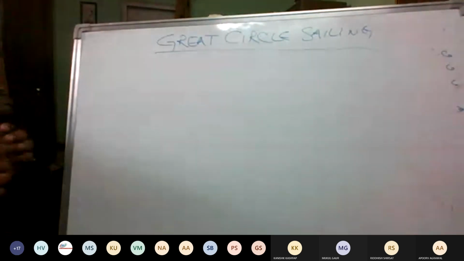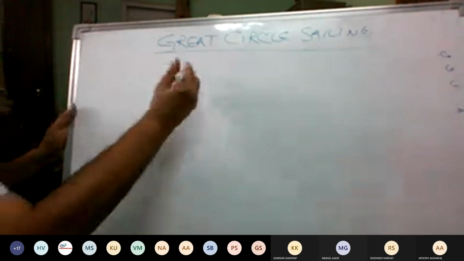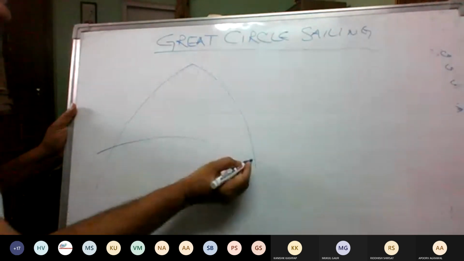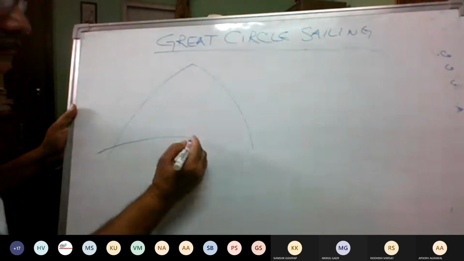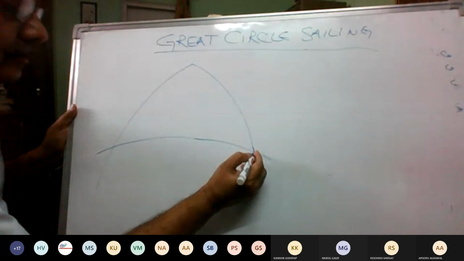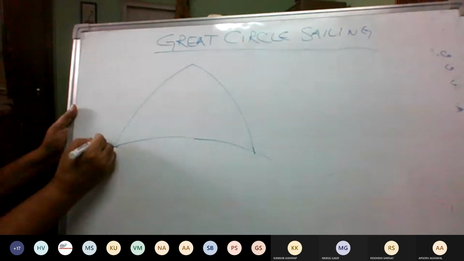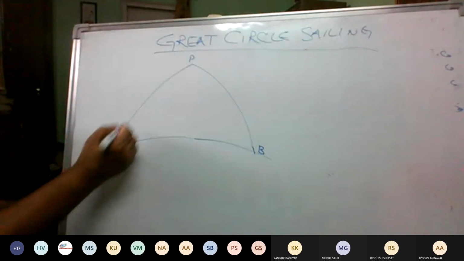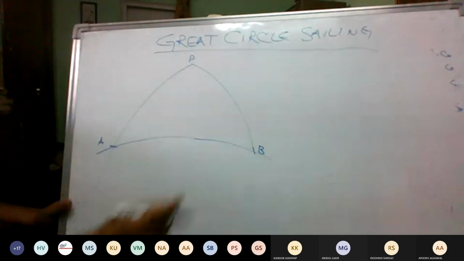एंड एग्जांपल ध्यान रखिए. If latitude, मान लो ये latitude A है, ये latitude B है, ये pole है. So PA is equal to PB.